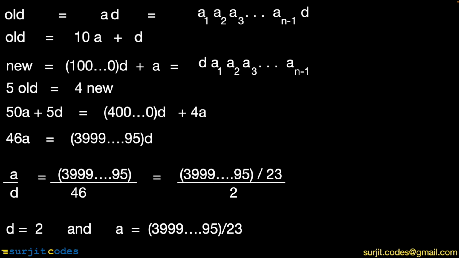So, the number of 9s between 3 and 5 should be such that the numerator should be completely divisible by 23. Further, the problem requires that a should be a minimum, which means that we use the minimum number of 9s between 3 and 5 for which it is divisible by 23.